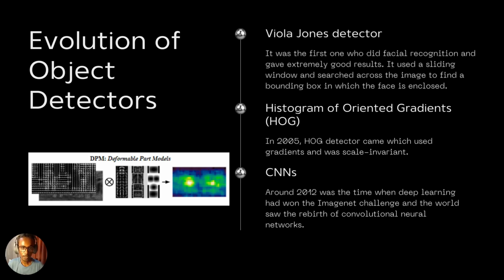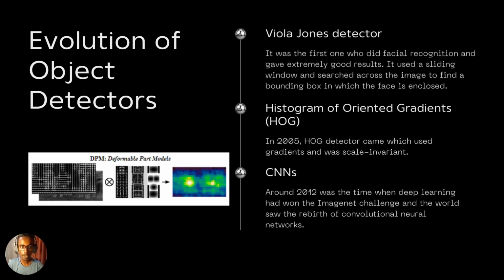The HOG detector used gradients that are computed to find the edges of objects. And finally, after these gradients are collected, we create a histogram for those gradients. It was scale invariant, and it can detect objects at different scales.